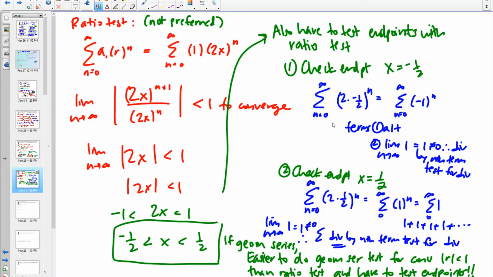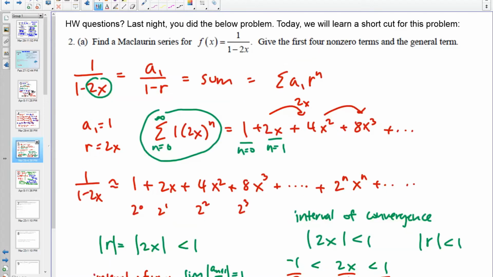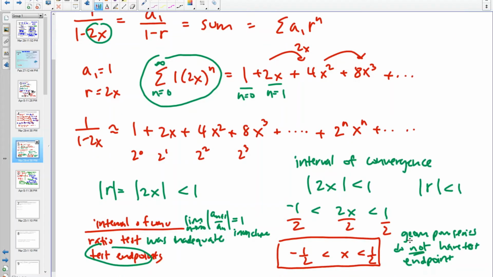And of course, I would expect it to diverge because already using the geometric series test for the interval of convergence, I already knew that the endpoints would diverge, right? There's no equal sign here and there's no equal sign here. All right, so just a summary. If you are using the geometric power series test to figure out your interval of convergence, you do not need to test the endpoints. If you're using the ratio test to figure out your interval of convergence, you do need to test the endpoints.